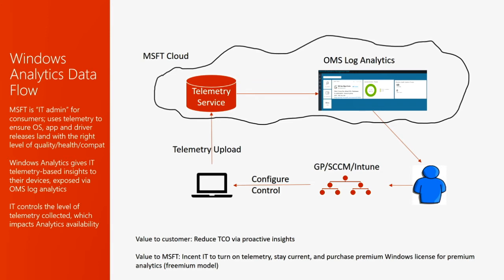From there, we take all the machines that belong to a specific customer and split it into a tenant-specific view that can be accessed on the Microsoft Operations Management Suite dashboard. We ask you to stamp your devices with a GUID, which we call the commercial ID. This commercial ID is used to group machines that belong to one customer. I'll show you all of these things in a demo in a few minutes.